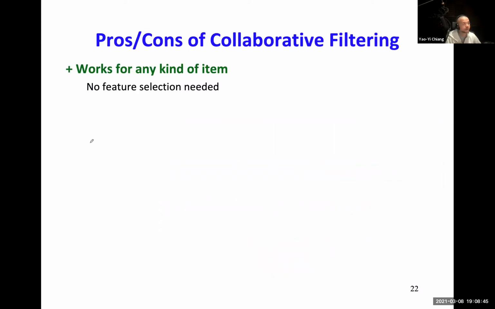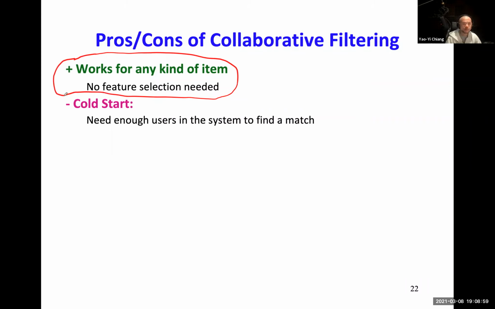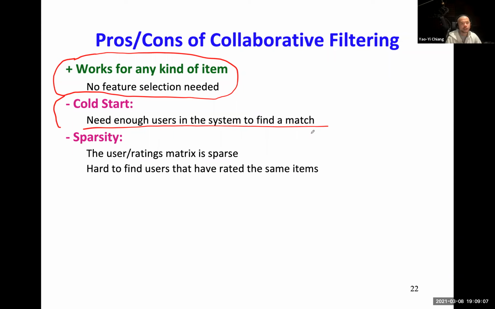All right, pros and cons, summary. CF-based methods work for any kinds of items. You do not need to generate characteristics of an item to be able to use CF-based approaches. You would have the co-star problem. If you don't have enough users in the system, then you will not be able to find a match for recommendation.